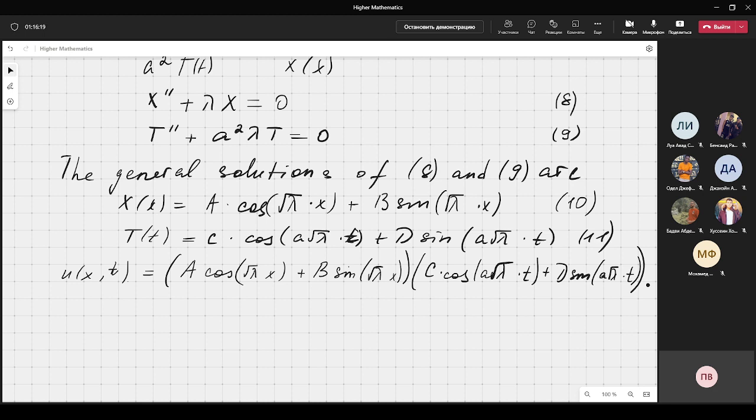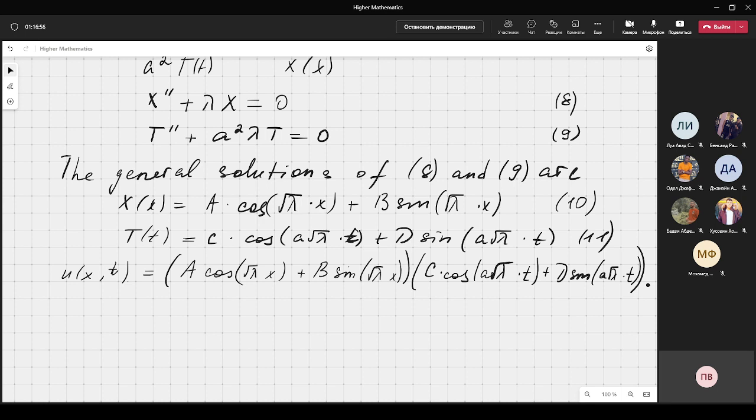Now choose the constants A and B so that the conditions 2 and 3 are satisfied. Since T(t) does not equal 0, otherwise we would have U(x,t) identically equal to 0, which contradicts the hypothesis, the function X(x) must satisfy the conditions 2 and 3. That is, we must have X(0) equals 0 and X(L) equals 0.